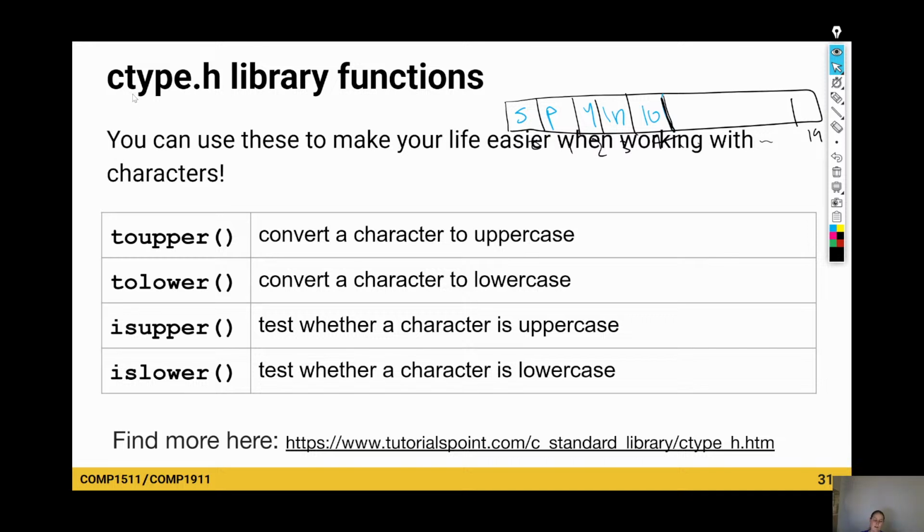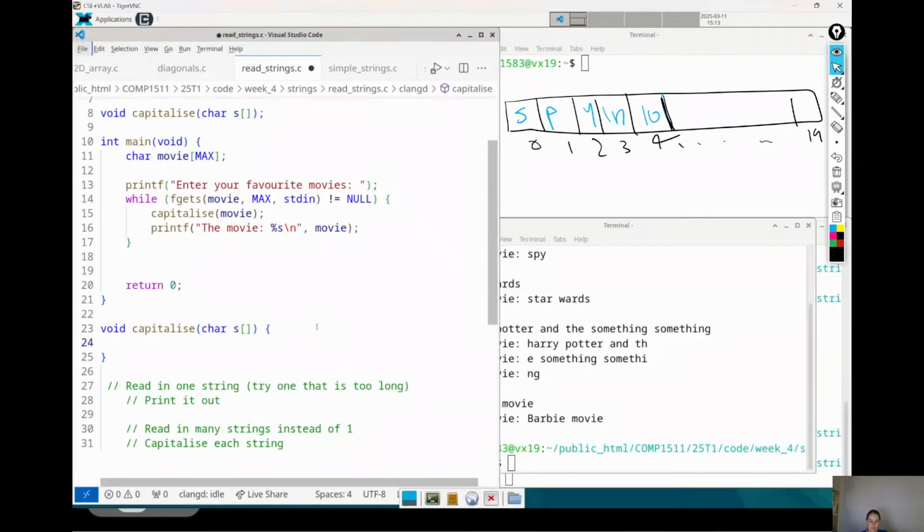There's also this ctype library, and there's more stuff in this library, and we're allowed to start using that as well. And these are just some of the functions it has. So let's just have a go at using it.